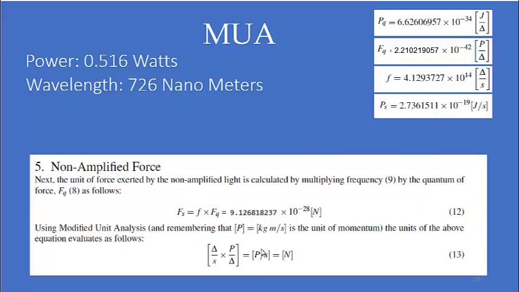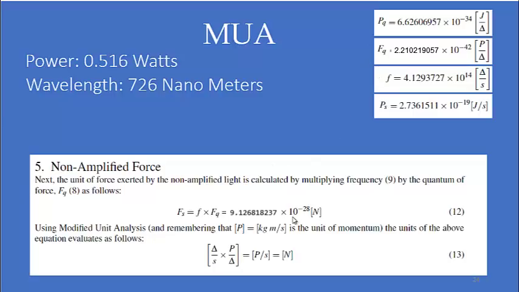Next, we calculate the non-amplified force. This is the force exerted by the non-amplified light, the light as if it wasn't a laser. It's calculated by multiplying the frequency by the quantum of force. So we're doing exactly the same thing, but instead of multiplying by the quantum of power, we're multiplying by the quantum of force.